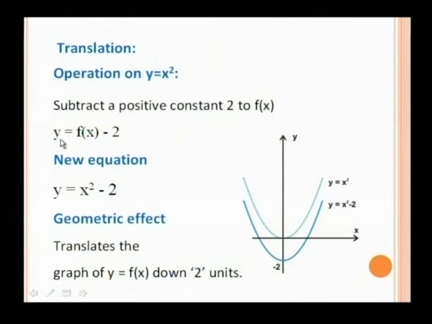So our function becomes y is equal to f of x minus 2. And we get a new equation with this change as y is equal to x square minus 2. The geometric effect of this change is that it translates the graph of y is equal to f of x down 2 units. And you can see this change over here.